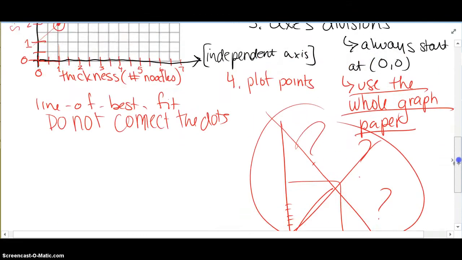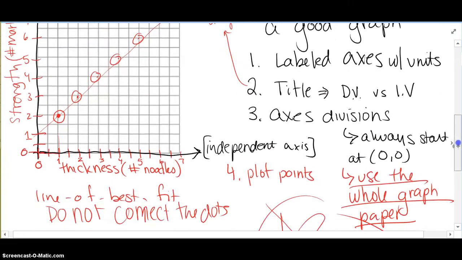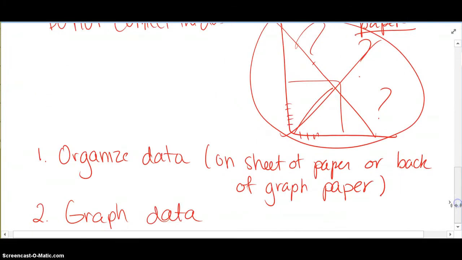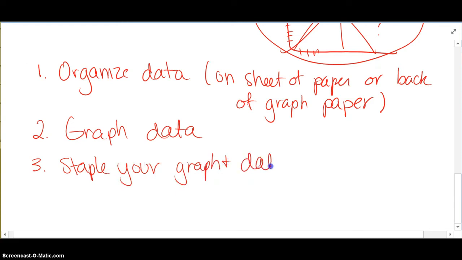You can check my graph, but use the information from this video to organize your data and graph your data. And the third thing you need to do is staple your graph and data table to the lab packet.